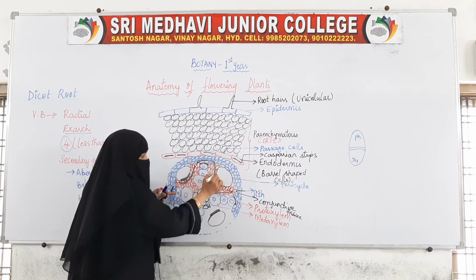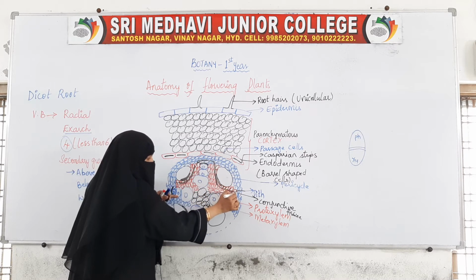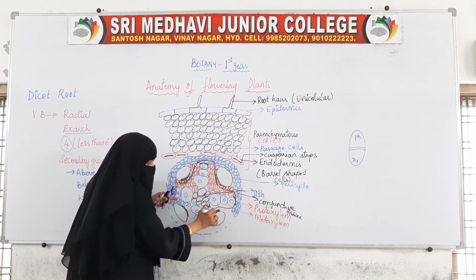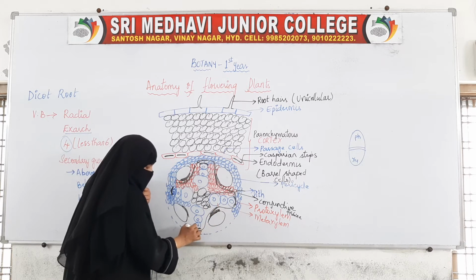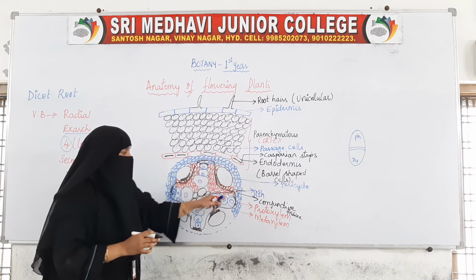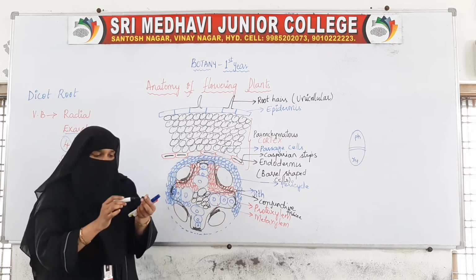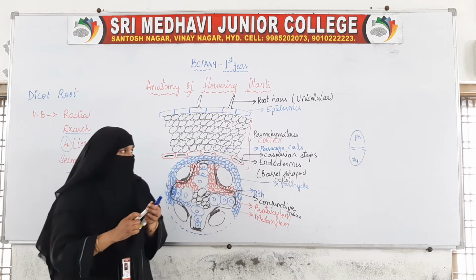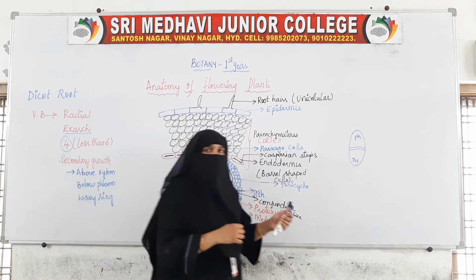The cells present below the phloem and the cells present above the xylem will change into meristematic cells.